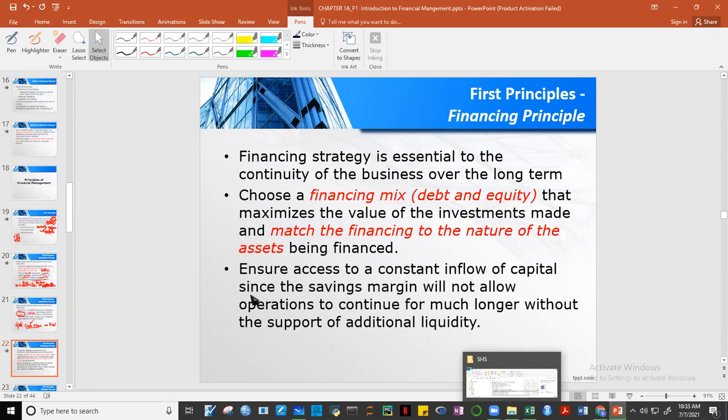Sabi nga dito, savings margin will not allow operations to continue for much longer without the support of additional liquidity. Kaya importante, for example, yung trade payables, na discussion sa accounting yan. Yung tinatawag natin accounts payable. A company should have good relationship with its suppliers para may ready credit na available. Kunyari, bibili tayo ng inventory.